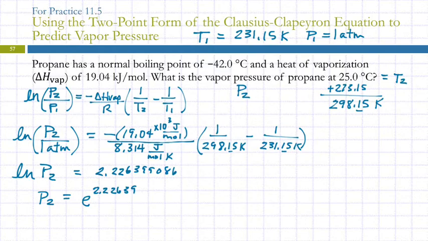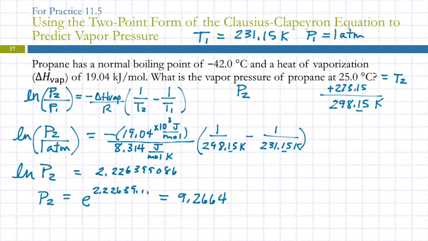Okay, so I'm going to go e to the x, and then I'm just going to pull down that value so I don't have to enter it again. And so this is equal to 9.2664 and a bunch of other digits.